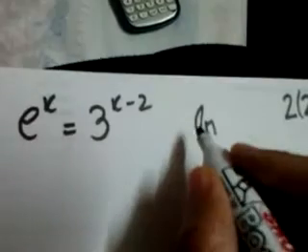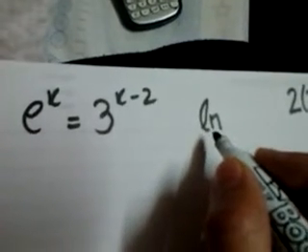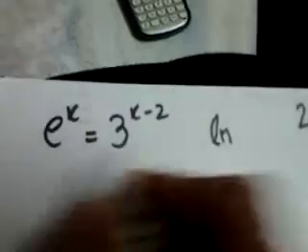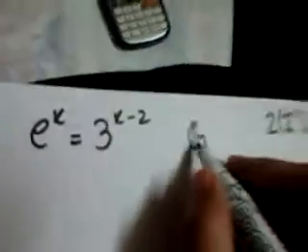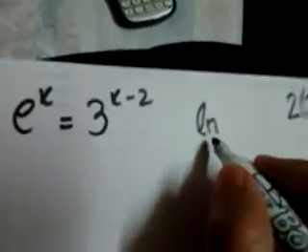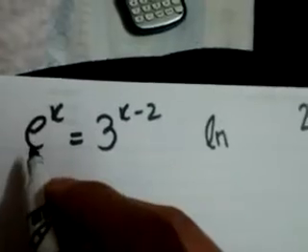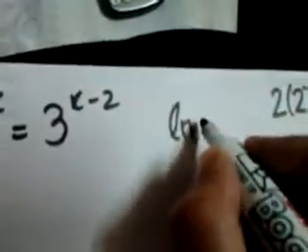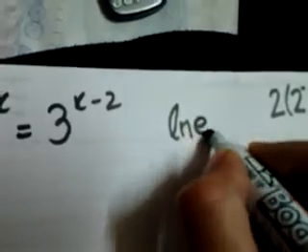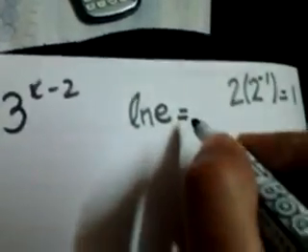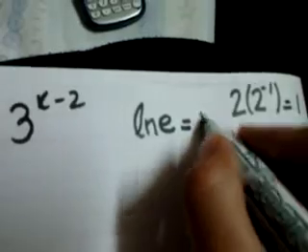Now the property that you must remember is, before that, you might have known that ln and e are inverse of each other. The natural logarithmic function and the exponential function are inverse of each other. Therefore ln times e, you might have guessed it, is going to be 1.